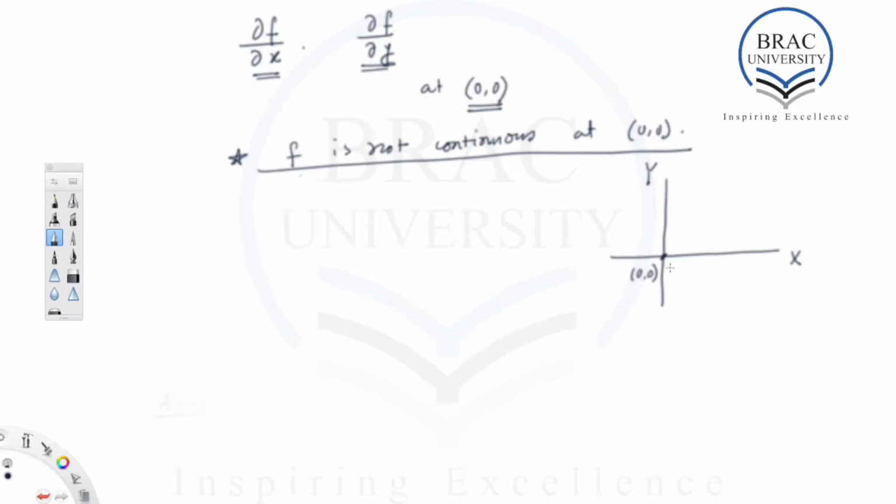I'm concerned with the behavior of the function at the point (0, 0), and I want to approach this point along the y-axis, along the x-axis, and also along the line given by y equal to x, which is at angle 45 degrees with the x-axis. So I'm going to approach this point (0, 0) in these three directions. Let's see what happens then.